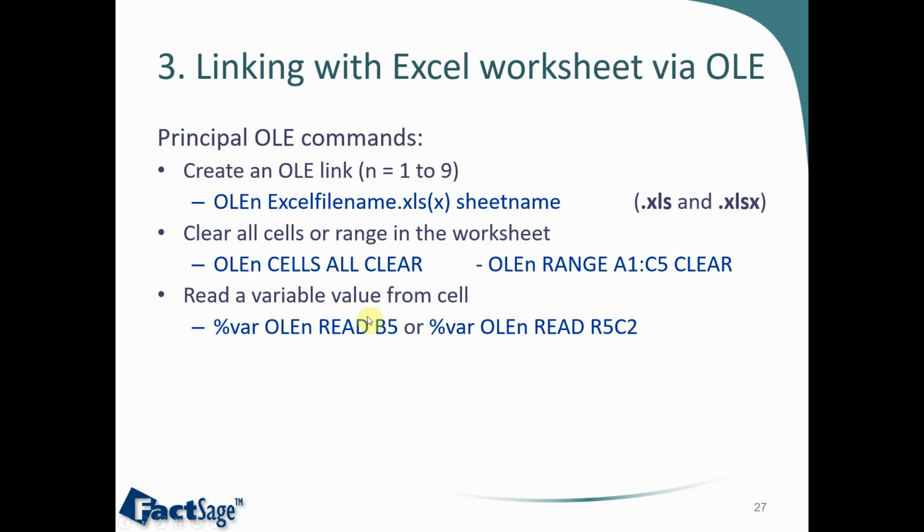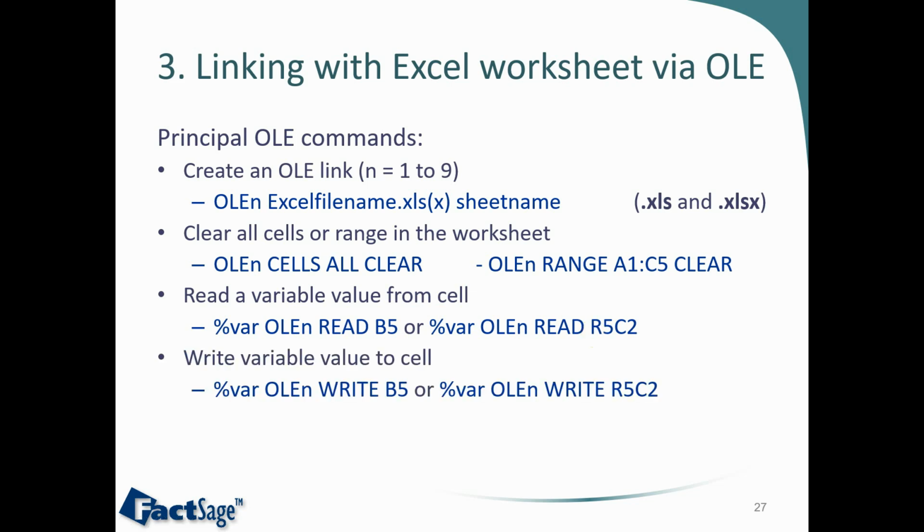And then the label read, to say we want to extract the value from Excel, and then the cell address. We can give this, as I said, in the A1 style, so here it would be B5, or the R1C1 style, which is R5C2, so row number 5, column number 2. So these two cell addresses are identical, so you can choose whatever you prefer.